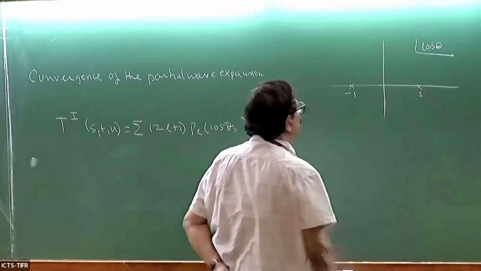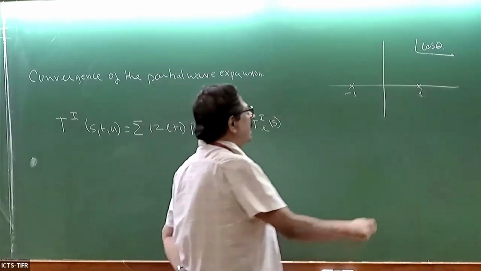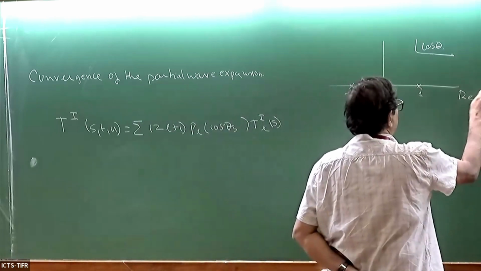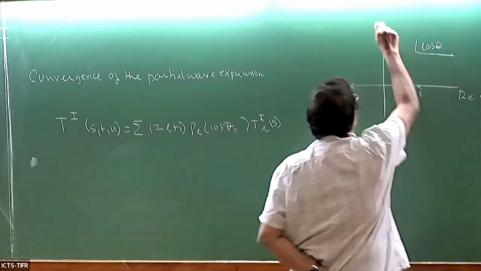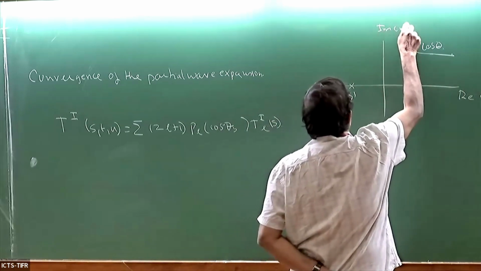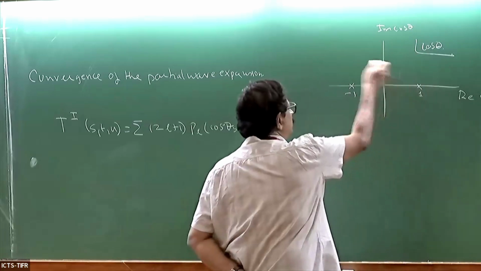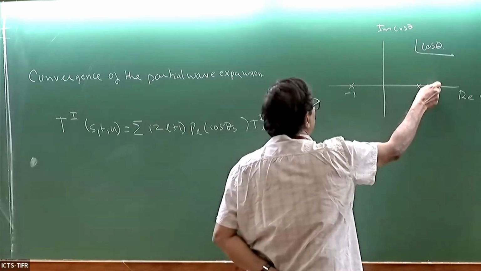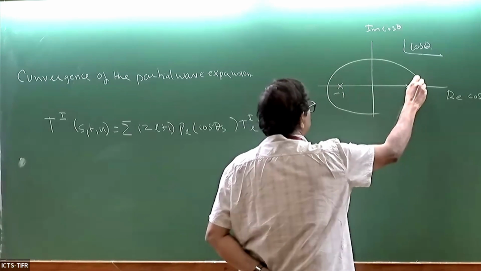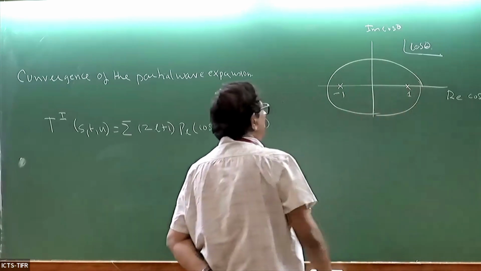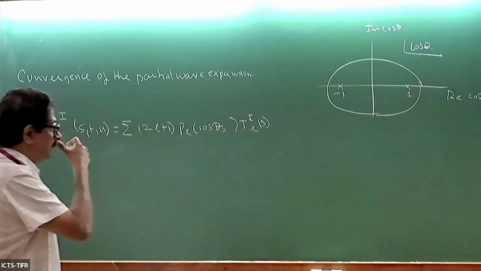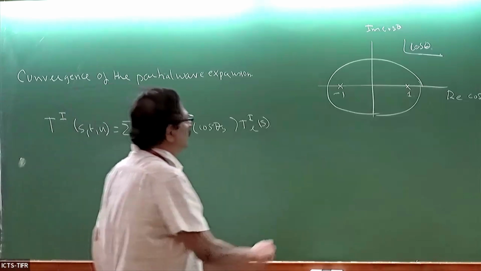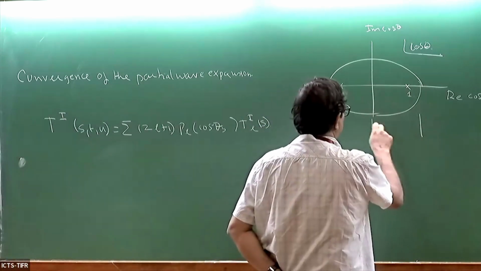Okay. What Lehmann is saying is that this is the real cosine theta axis, and this is the imaginary cosine theta axis rather. He says that this thing will converge in an ellipse of which these two are the foci, and he also gives an expression for the semi-major axis. The semi-major axis being this. This is the semi-major axis.